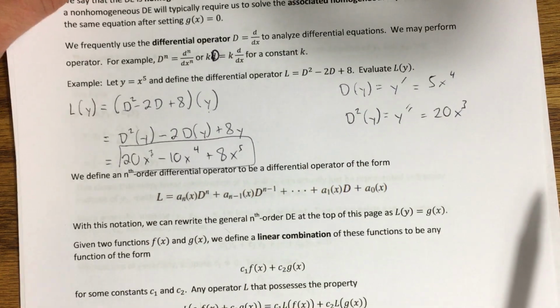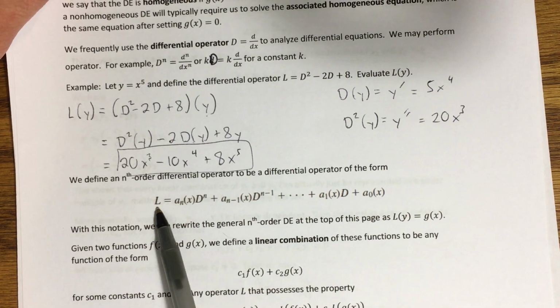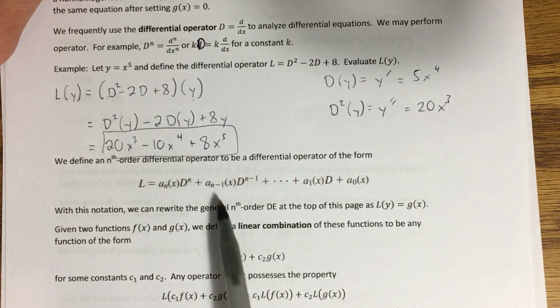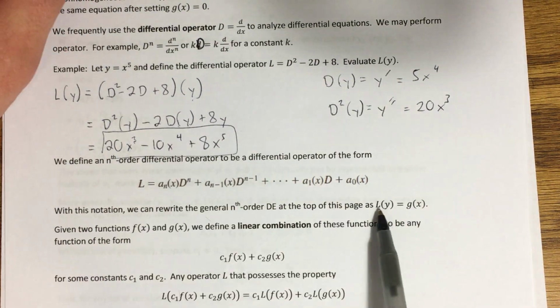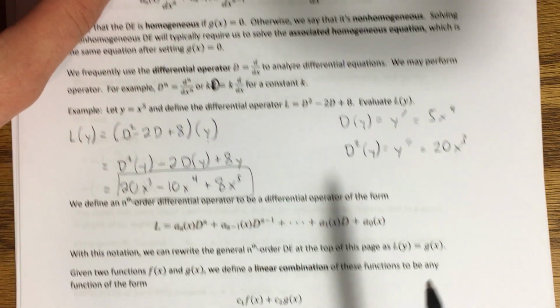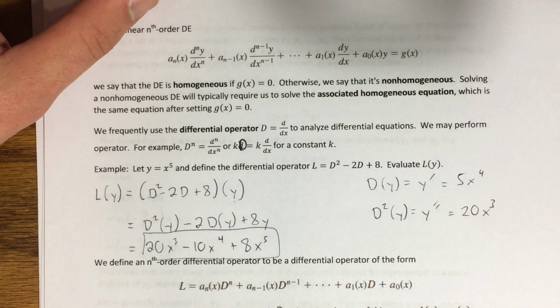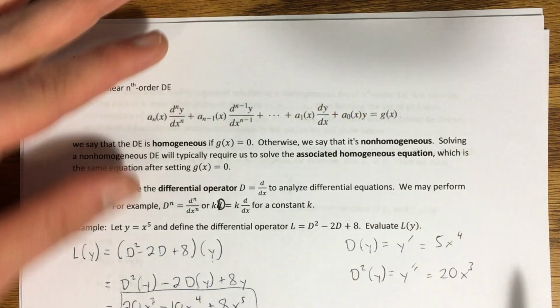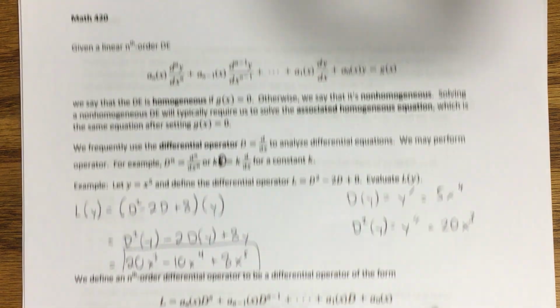That's the idea. So by calling this whole thing L, I can take that general nth order DE and just call the entire thing L of y. It's much more compact notation. L of y equals g of x, since I need a right-hand side to that thing. The L only gives me the left-hand side.